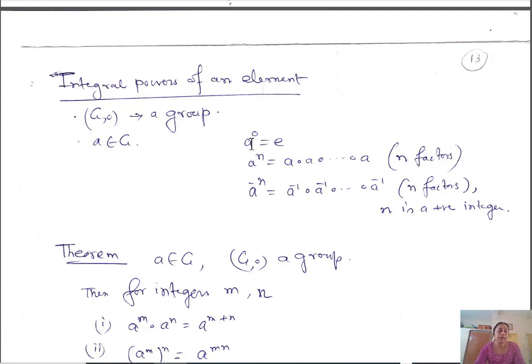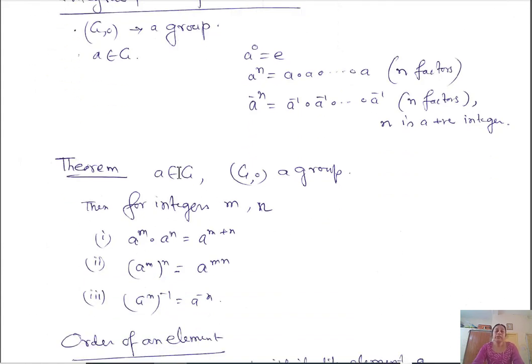Anyway, the integral power of an element means A to the power 0 is E, A to the power n means A is composed n times with this composition: A composition A composition A, n factors. A to the power minus n means A inverse composition A inverse composition A inverse, n factors. N is a positive integer.